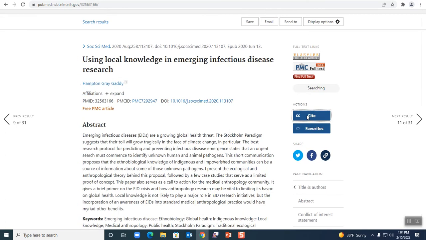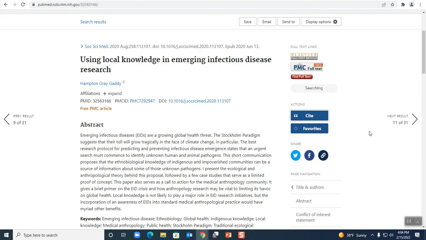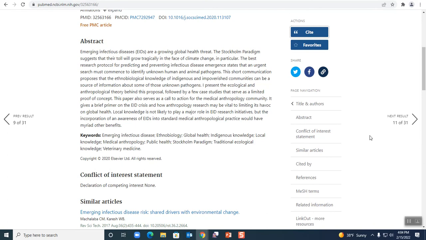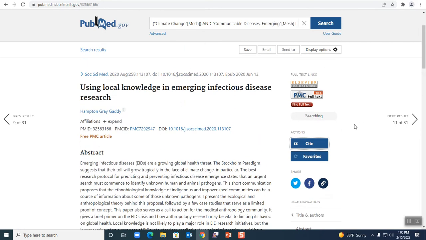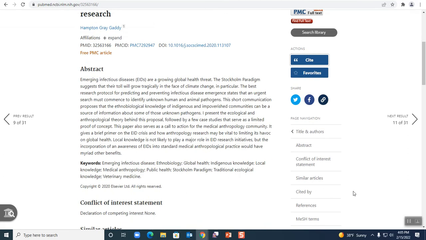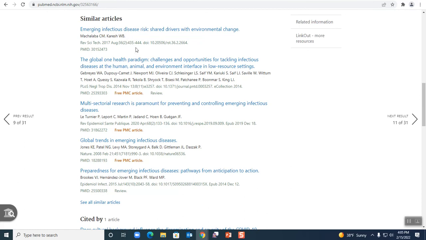This is important for you because cite will give you AMA citing. So you can just copy and paste it in your bibliography. The second thing I wanted to show you is similar articles and cited by. Similar articles is, if this is something that you like, then other articles that are similar to that will appear here, and you can look at similar articles and it will tell you more about that topic.